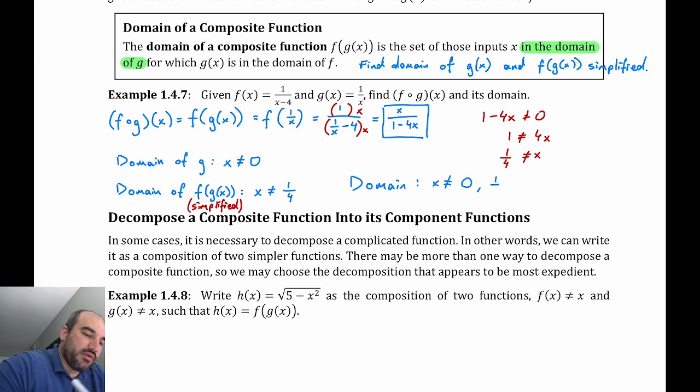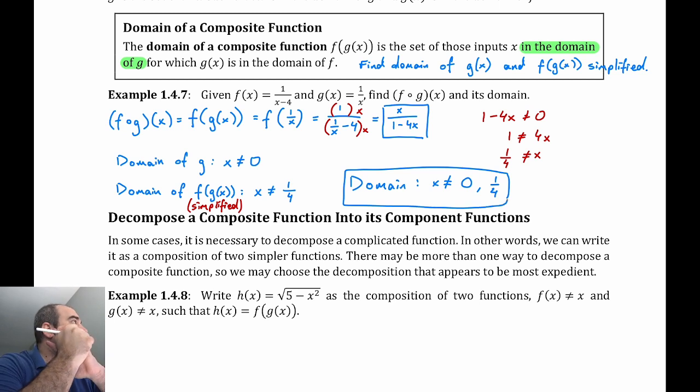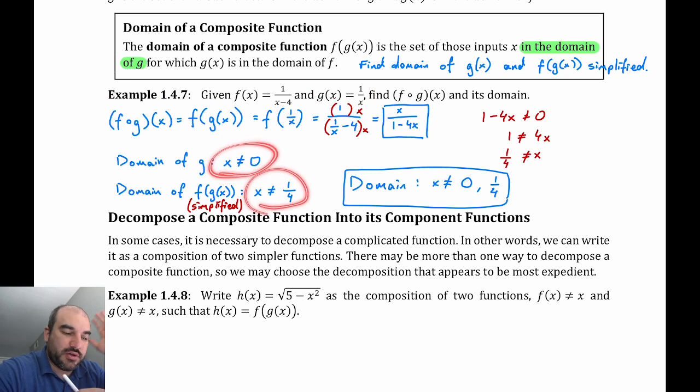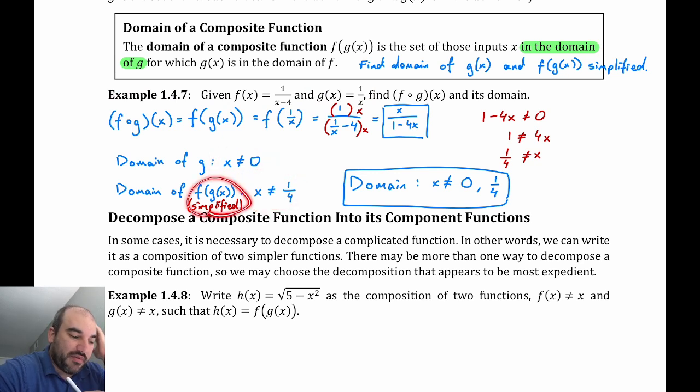So we combine those two domains into a single domain, because in this composition operation, this is a single function, but it's coming from a composition of two functions. So when we compose this, we need to make sure that the domain of g is satisfied and the domain of f of g simplified is satisfied.